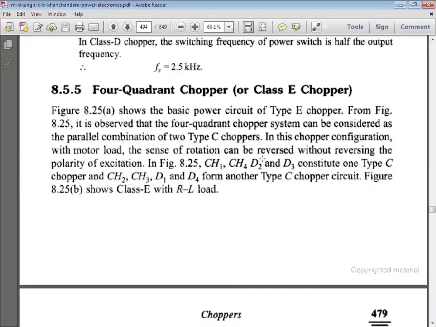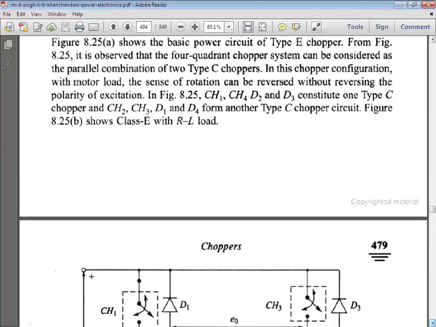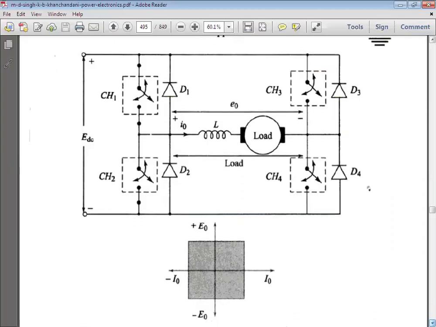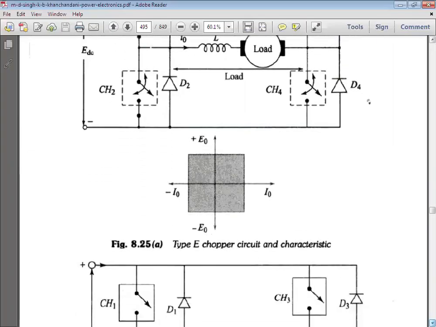In this chopper configuration with motor load, the sense of rotation can be reversed without reversing the polarity of excitation. Here we are going to use 4 choppers and 4 diodes. So we can connect the motor, chopper 1, chopper 2, chopper 3, chopper 4, and diodes D1, D2, D3 and D4. This is the class E chopper.